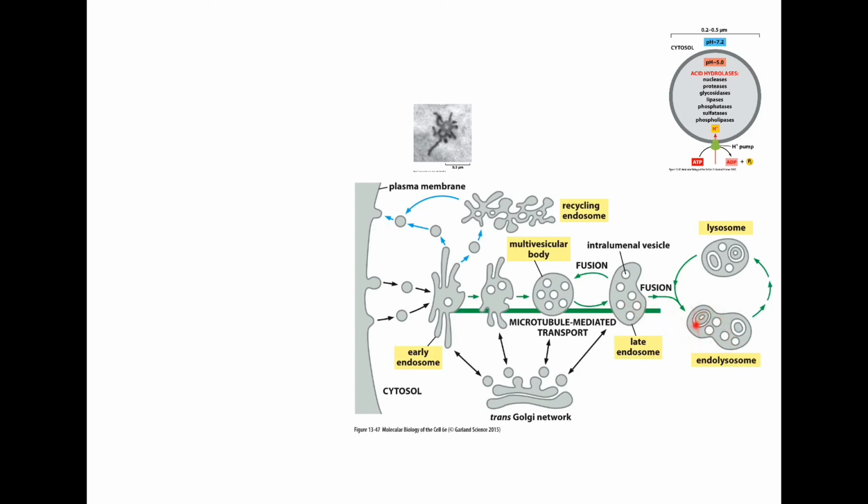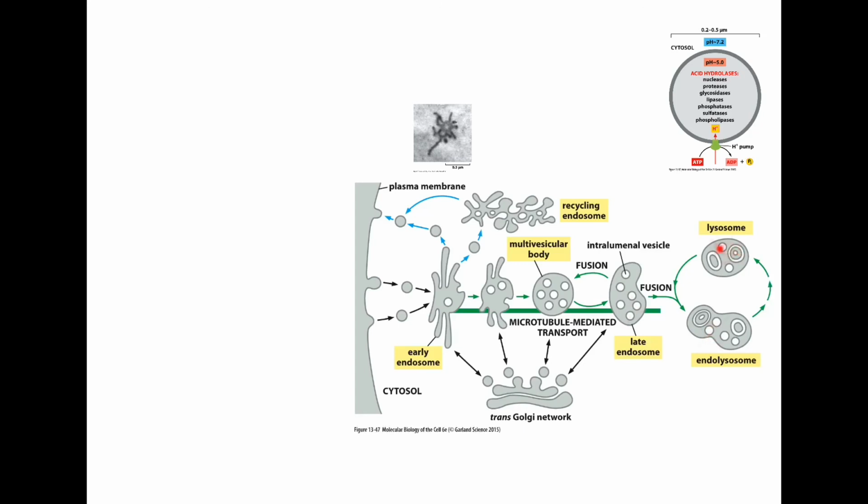But this diagram indicates that the interior luminal vesicle structures tend to be pretty elaborate by the time you get to the endolysosome. And at least in the early stages of the formation of a lysosome, which we'll talk about specifically in a minute, it's very difficult to distinguish the lysosome from a late endosome or an endolysosome, which is essentially just a lysosome fused to the late endosome.